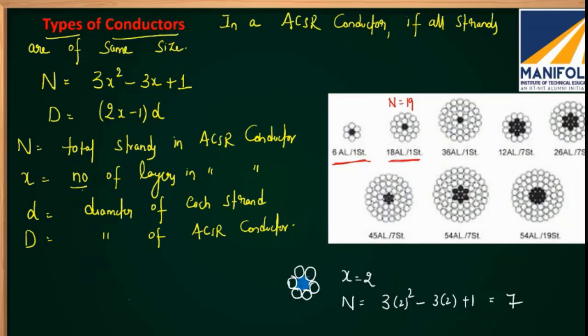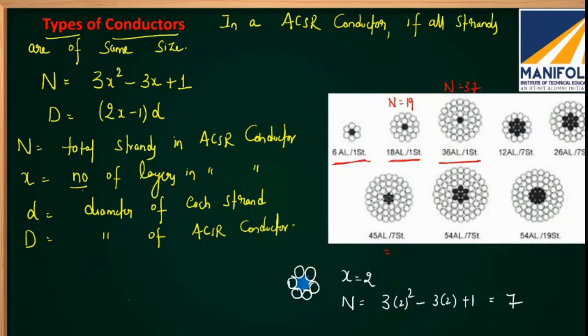Similarly, if you go for 4 layers, n will become 37. If you go for 5 layers, n will become, actually it should be 61.